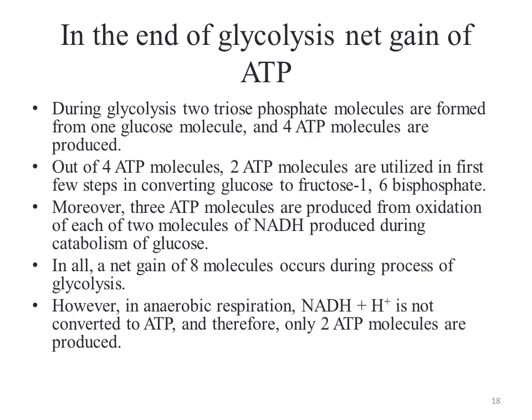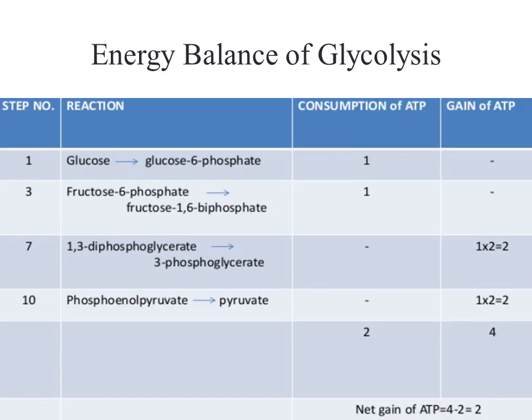So overall net gain of 8 molecules of ATP occurs during glycolysis. However, in anaerobic respiration, NADH in the presence of hydrogen ion is not converted to ATP, and therefore only 2 ATP molecules are produced in anaerobic respiration.